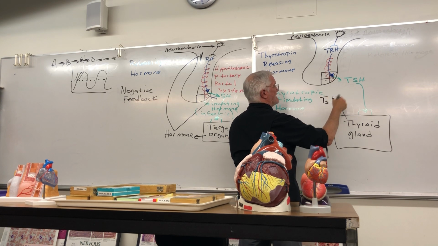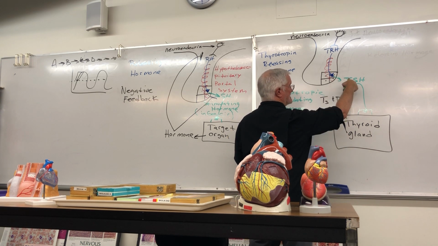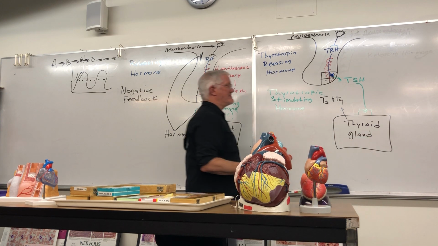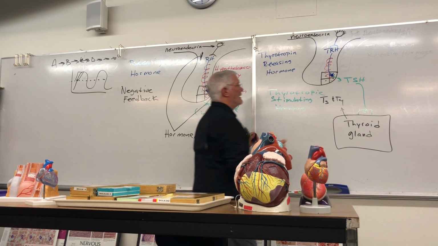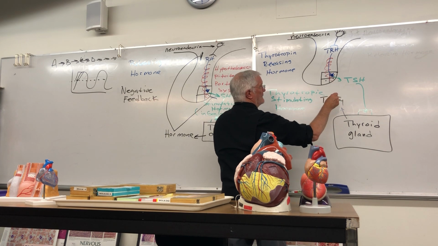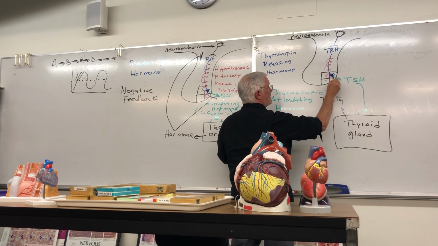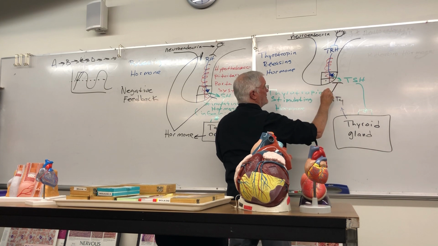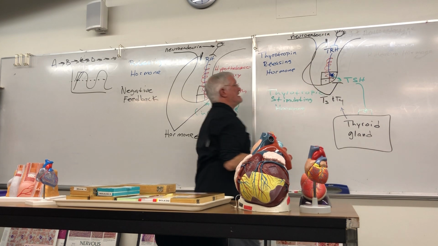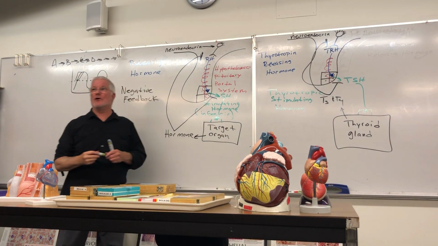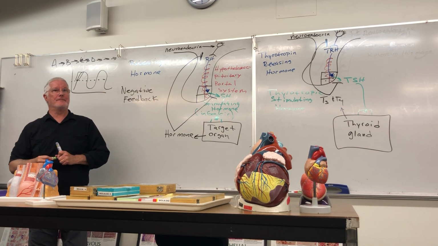Those are the two hormones I can get in response to TSH landing on the cells of my thyroid gland. Now we're going to show them as a group. Both of these hormones will do negative feedback on the release of TSH and on my neuroendocrine cell for the release of TRH. So I can control the level of T3 and T4.